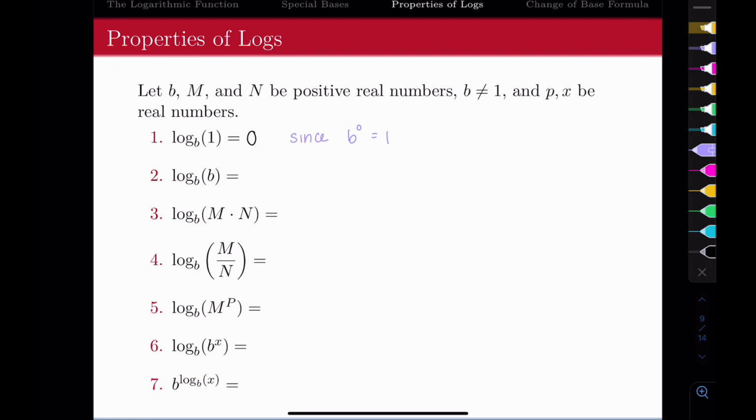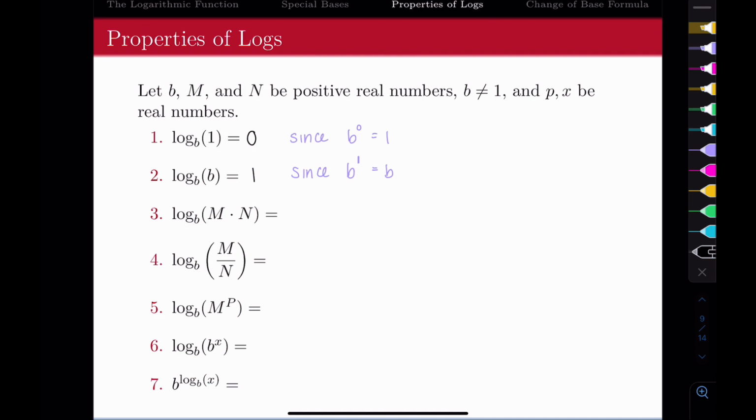So anytime I have a 1 inside my logarithm, the output of it is 0. For the second one, if I want to figure out what it equals, my base is b, my answer is b, I'm looking for the exponent spot. The only thing that makes sense in this equation is 1, because b to the 1 is b, right?